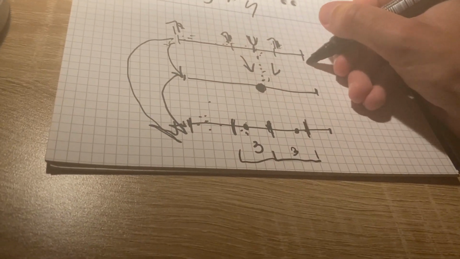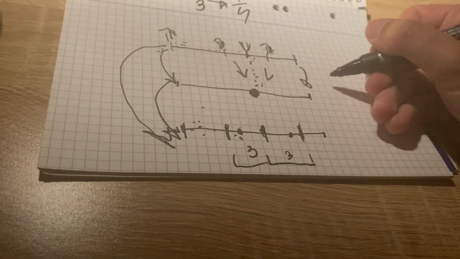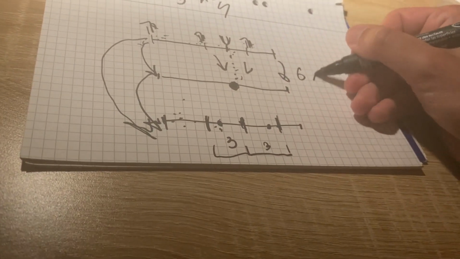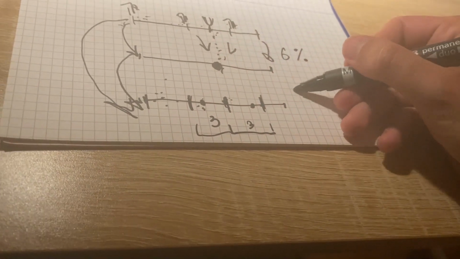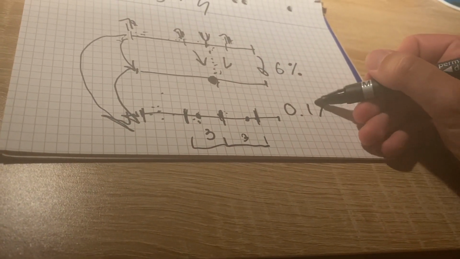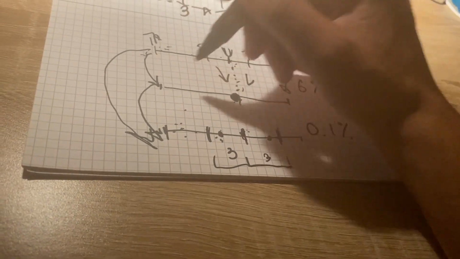Because your mind, in order to do this, will use like 6% of your brain, and going from here to here is like 0.1, because this is the easiest thing to do, like tick tick ticky ticky.